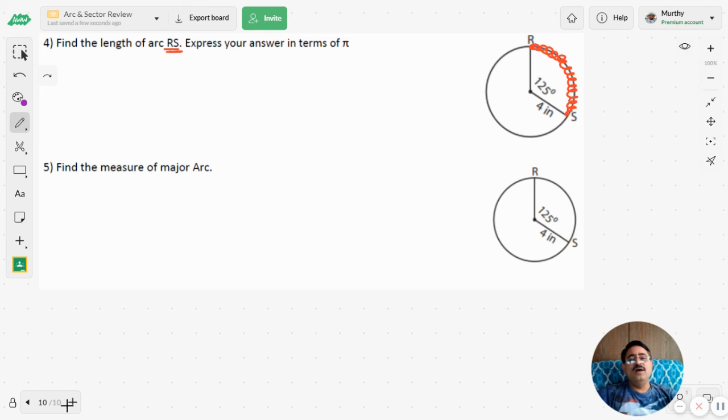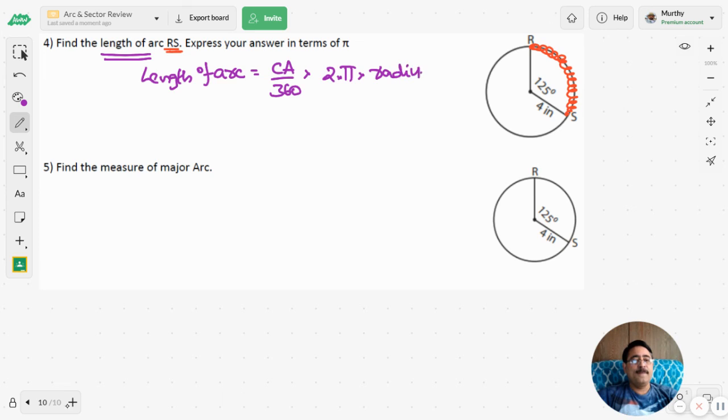So length of arc, I know the formula is length of arc equals central angle over 360 times 2 times pi times radius. So what is the central angle?